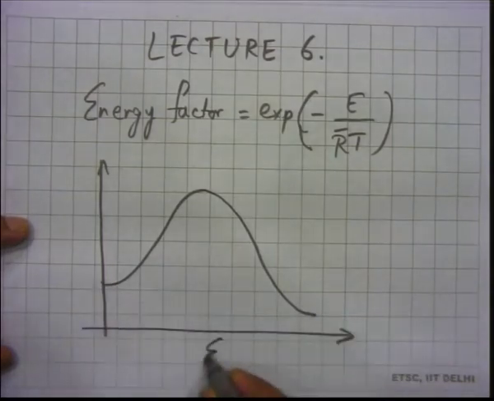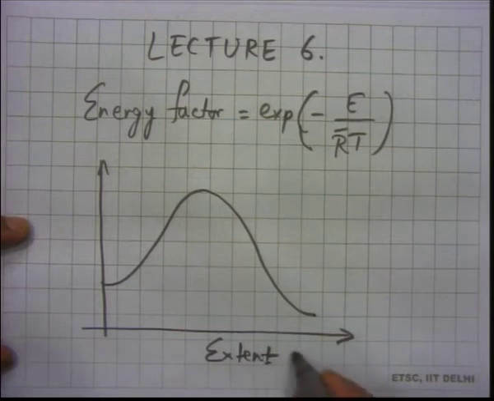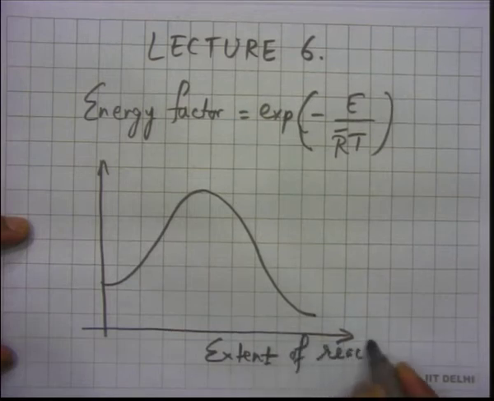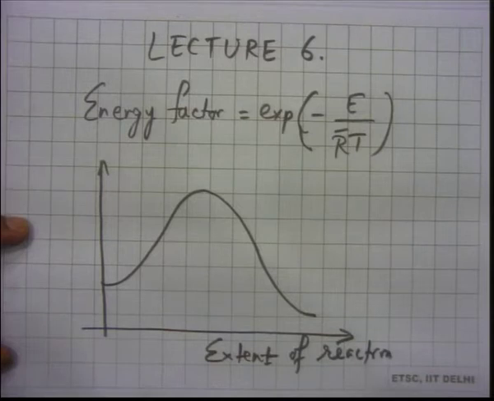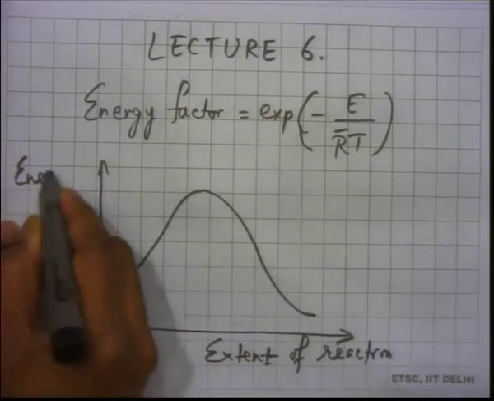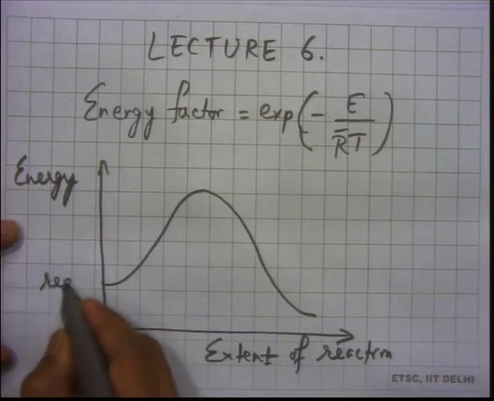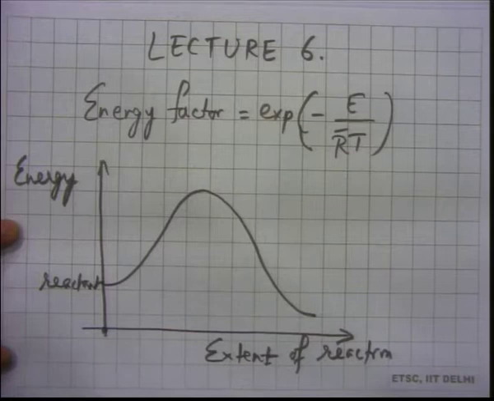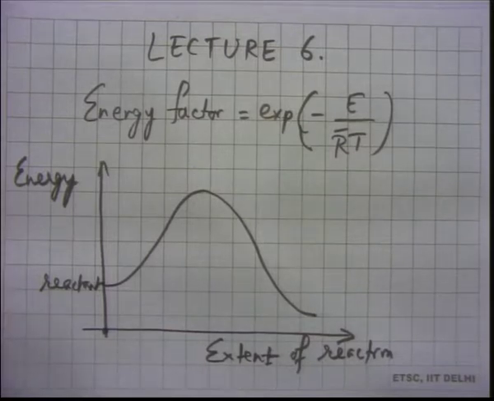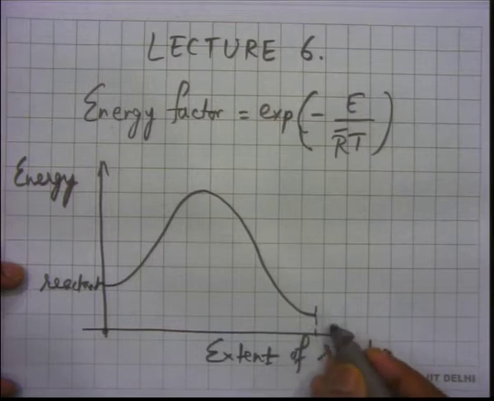So, this is on the x axis, extent of reaction, and we plot energy on the y axis, and we have reactants, full reactants if the extent of reaction is 0, and if the extent of reaction is 100%, then we reach products.